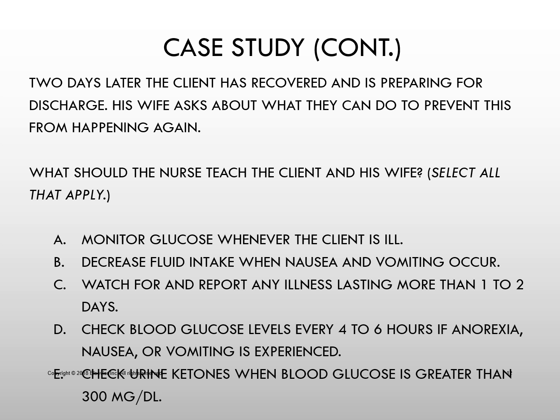Watch for and report any illness lasting more than 1 to 2 days? Check blood glucose levels every 4 to 6 hours if anorexia, nausea, or vomiting is experienced? Or check urine ketones when blood glucose is greater than 300 milligrams per deciliter? The only incorrect answer is B.